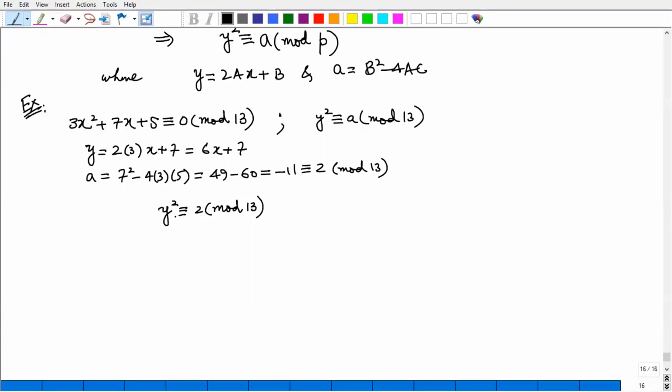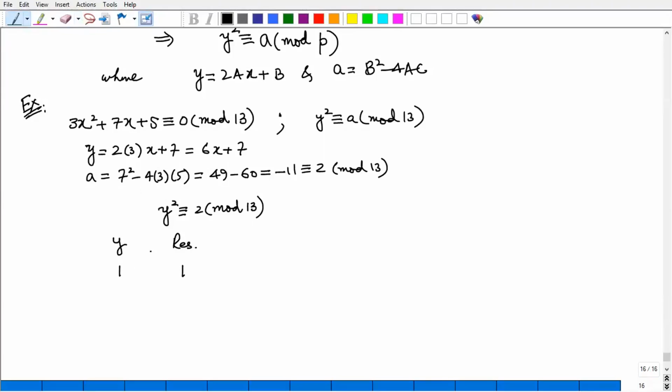If y is 1, then y square is 1, so the residue is 1, not 2.